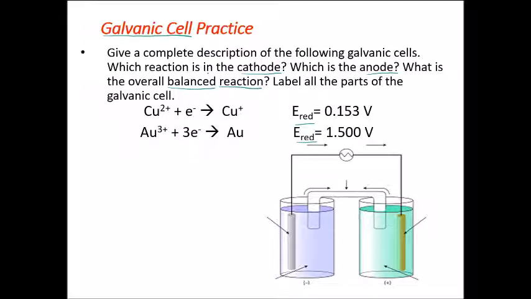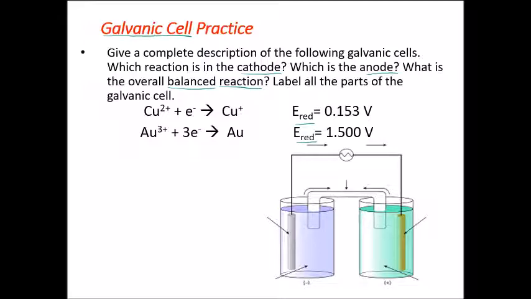Electrochemical, I guess, is a more general term, but if it says galvanic cell or voltaic cell, it means it is thermodynamically favored and it will go on its own. It does not need outside intervention. An electrolytic cell, which we'll talk about in part 2, is the one where you provide a power source and it doesn't go on its own. So galvanic or voltaic ones are always thermodynamically favored.